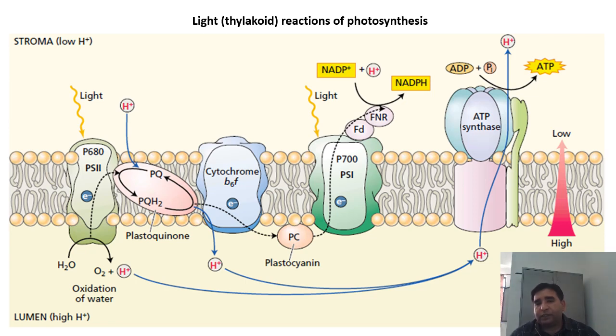When these protons cross the membrane through an enzyme known as ATP synthetase, they make ATP from ADP, and we know that ATP is the currency of energy, and this energy is used in different types of processes including dark reactions.